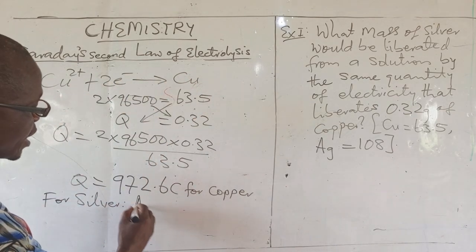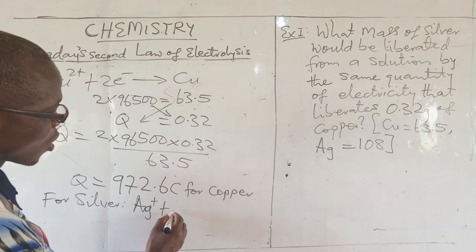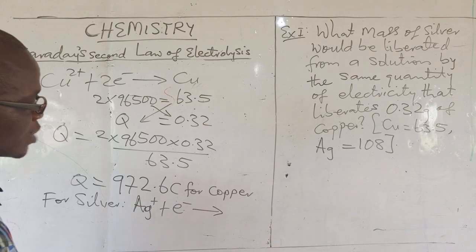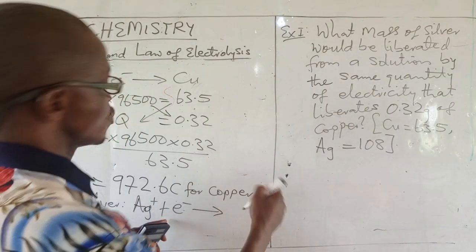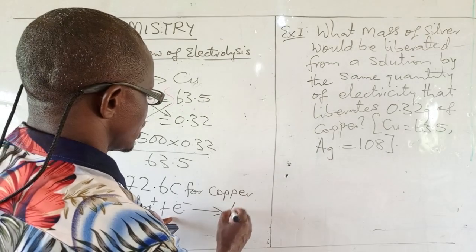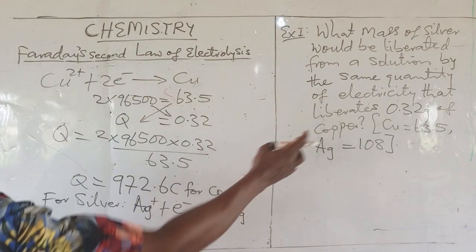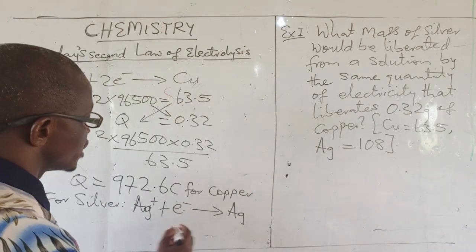It will be Ag+ plus e-. Since it has 1 plus, the e- will also be 1. It gives you Ag. Now using this, check what e- means and then use it there.